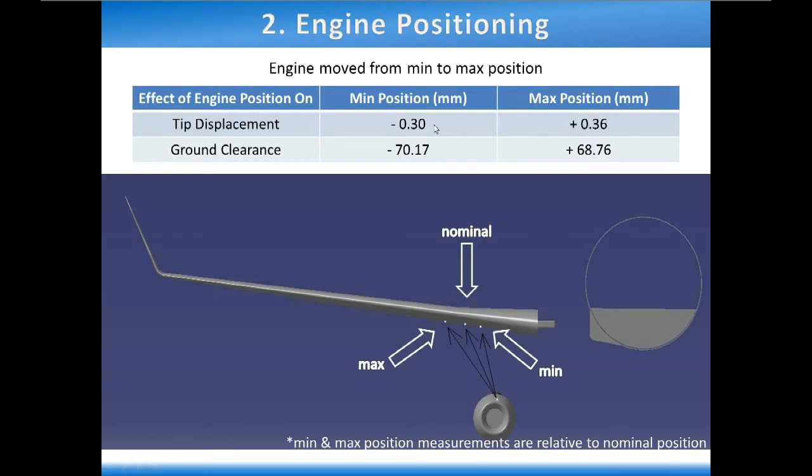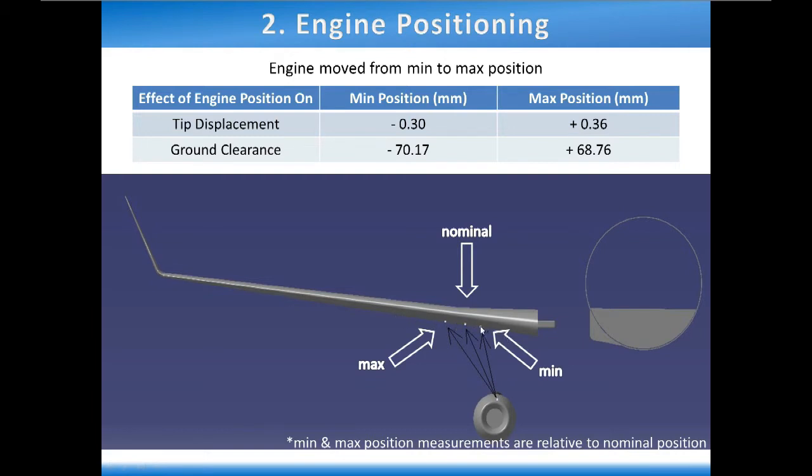So we can say that the position of the engine doesn't really affect the measurements of the tip displacement. You see these big numbers for the ground clearance at min and max position, but that's just because of the shape of the wing.